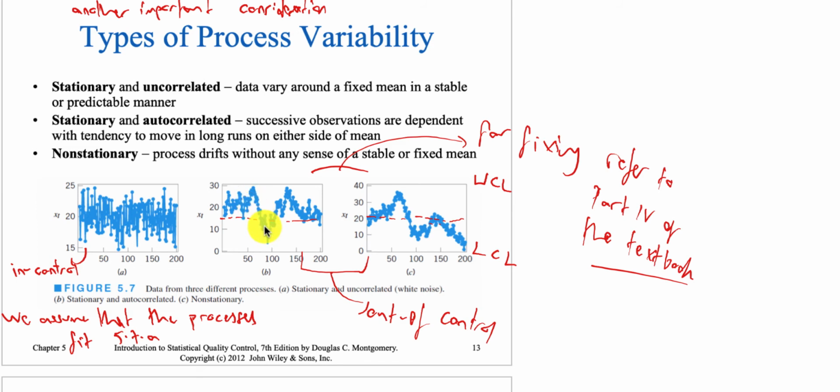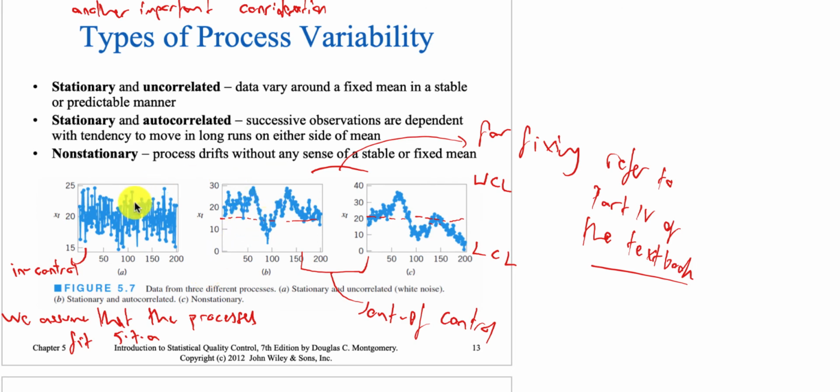So there is a correlation here, autocorrelation. And about example C, this is non-stationary. This is not going around the mean. It is going up, then down, and down again, so the mean is shifting to the lower side. These are different kinds of variability.